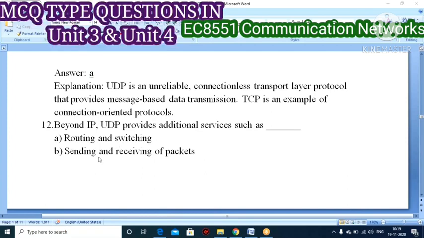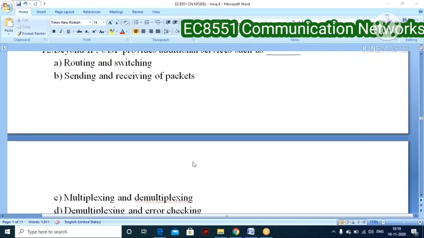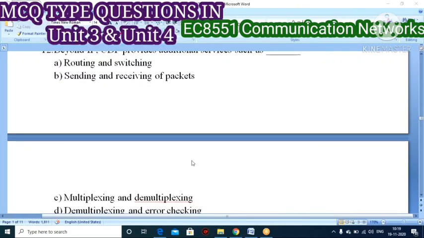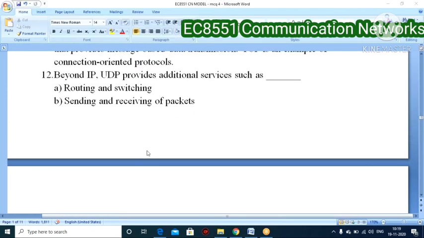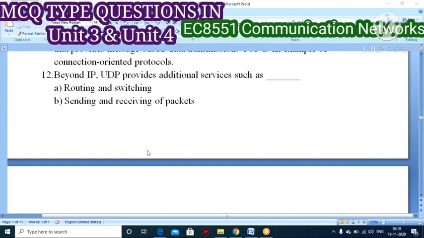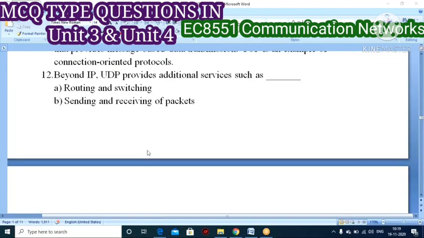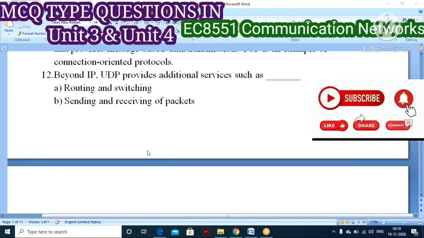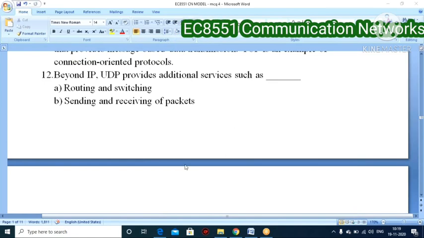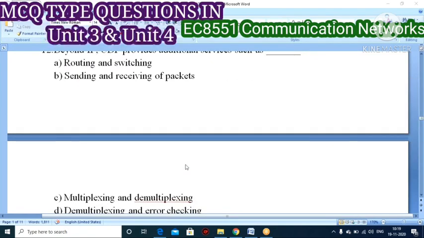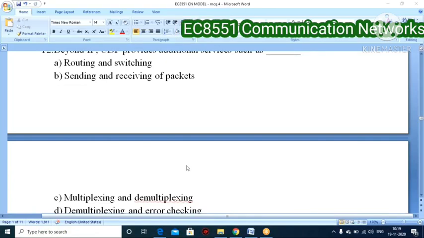So what is that? Option A routing and switching, option B sending and receiving of packet, option C multiplexing and demultiplexing, and option D demultiplexing and error checking.